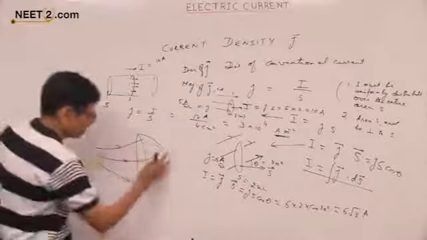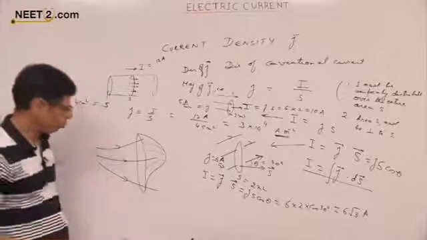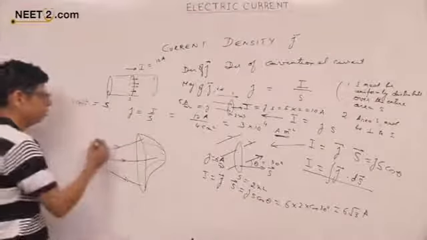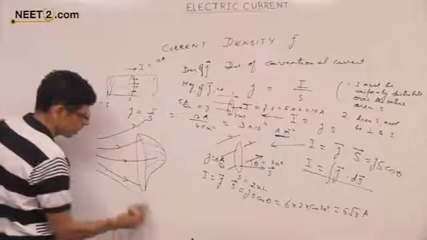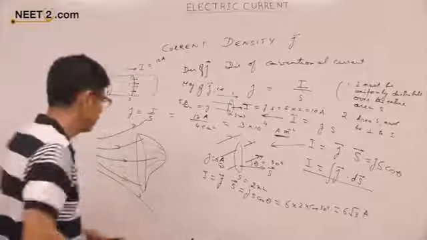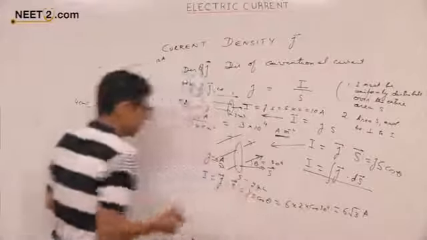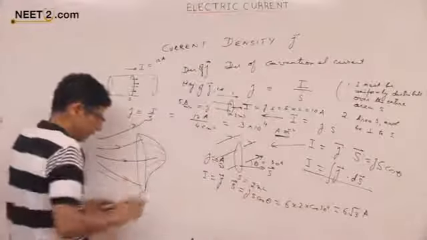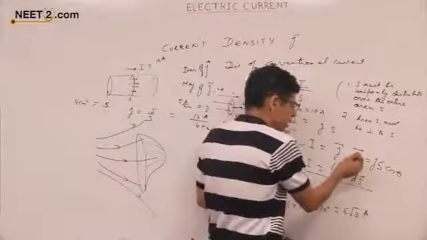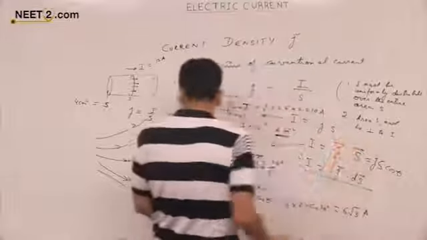You want to find out what current penetrates through this. Some of the charges are missing our area. This is an imaginary area and somebody wants to know what is the current penetrating. The last formula is valid for this situation. This is the most general one, and the other two are special cases.